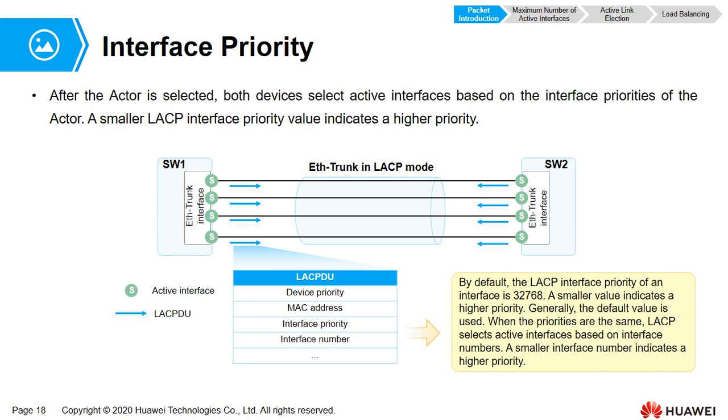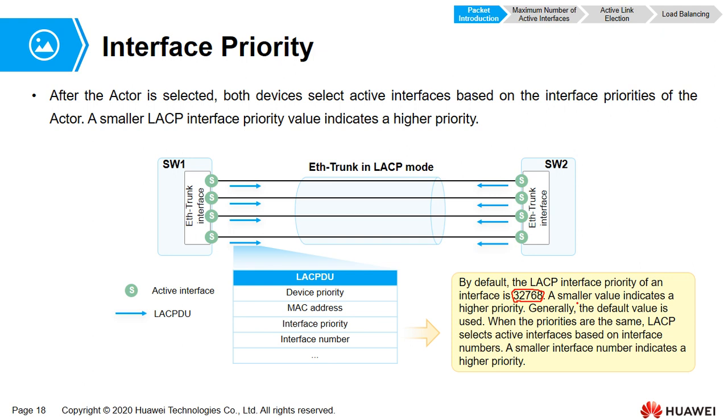Interface priority. After the actor is selected, both devices select active interfaces based on the interface priority of the actor. A smaller LACP interface priority value indicates a higher priority. By default, the LACP interface priority is the same on all interfaces.